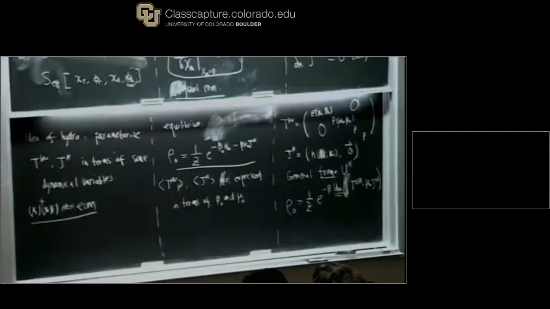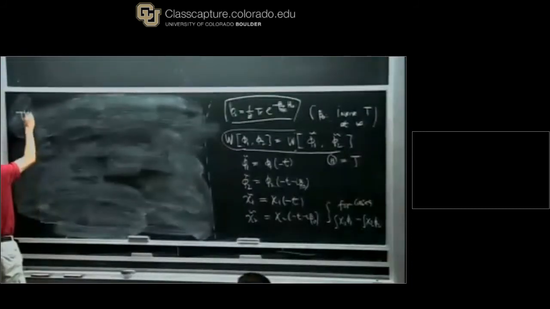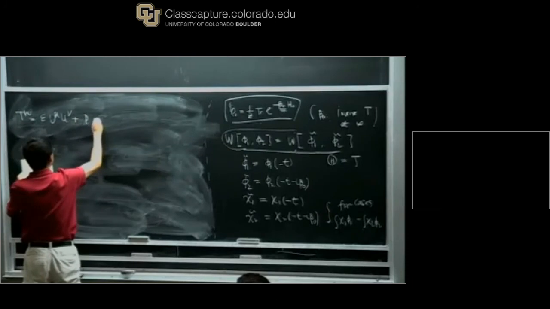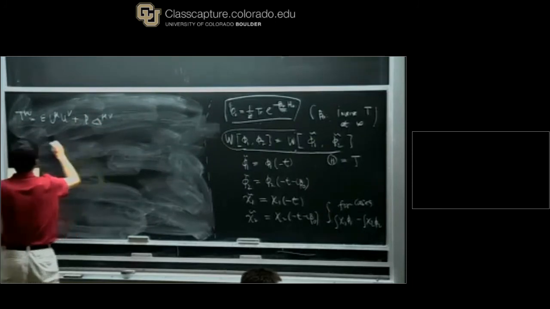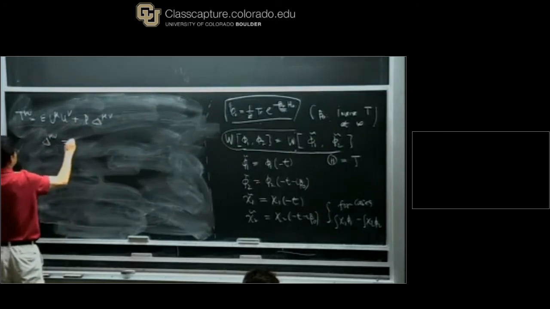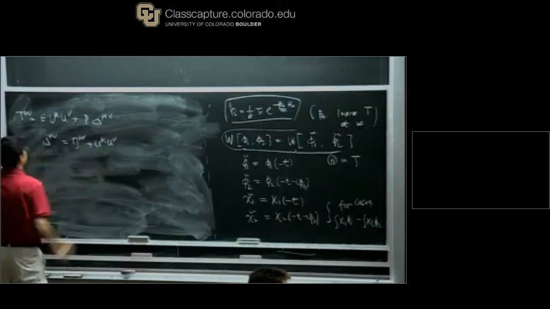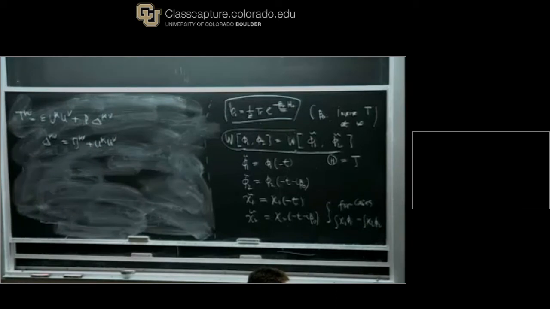Then of course we get the standard expression: T^{μν} is given by epsilon u^μ u^ν plus P Δ^{μν}, where Δ^{μν} is equal to η^{μν} plus u^μ u^ν. When you project into the time direction in the rest frame, it just becomes that.